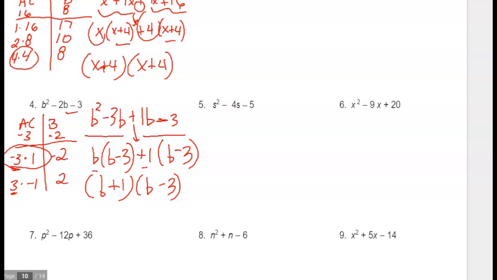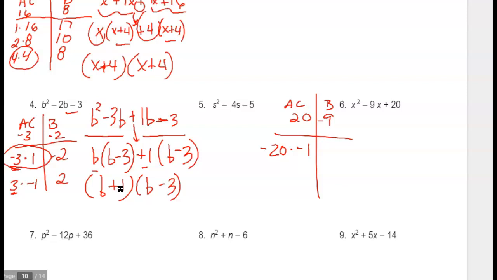Okay, and last one I'll come over here. So in this case, my A times C is a positive 20. But my B is negative. Well, the only way that's going to work is if I have two negatives. Okay, so for example, if I did negative 20 times negative 1, they multiply to get a positive 20.